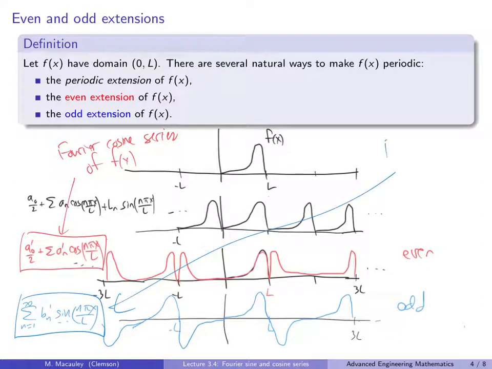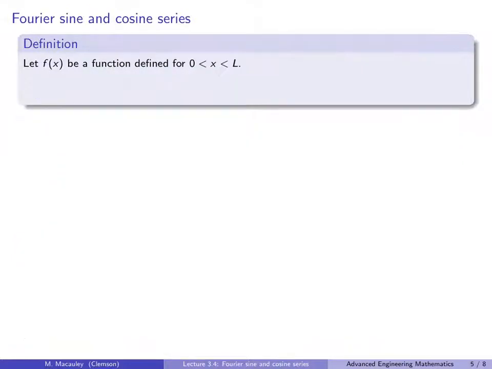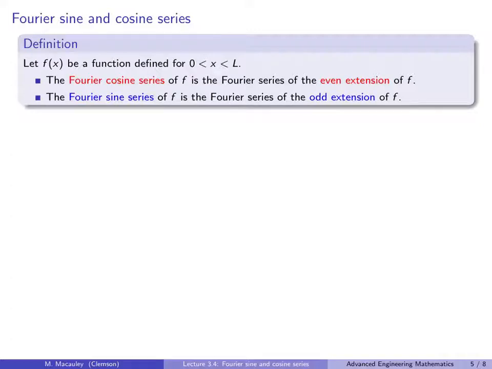So the Fourier sine series of f of x, that is by definition the Fourier series of the odd extension. So here it is formally. Let f of x be a function defined from 0 to L. The Fourier cosine series of f is the Fourier series of the even extension of f, and the Fourier sine series of f is the Fourier series of the odd extension.